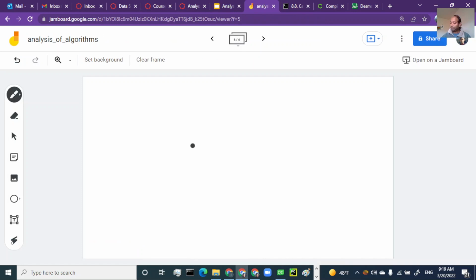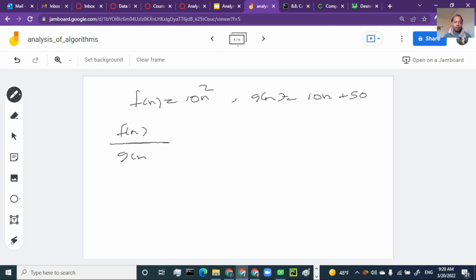So Fn equals 10 n to the 2, Gn equals 10n plus 50. Okay, so we take the ratio Fn over Gn as n goes to infinity.